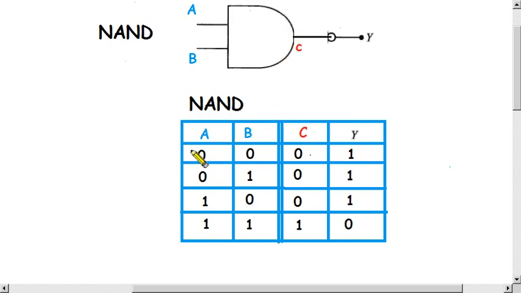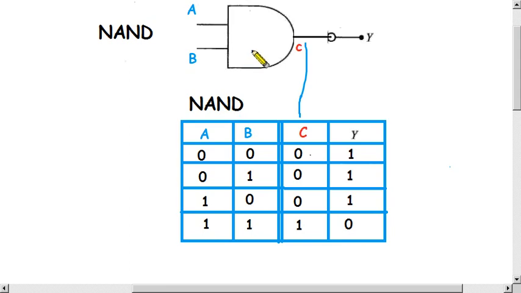That means if A and B both are zeros, then here C, that means just as soon as we pass this AND gate, before we go to this NOT gate, in between these two at this junction, say it is C, so it is going to be 0, because both inputs are 0.